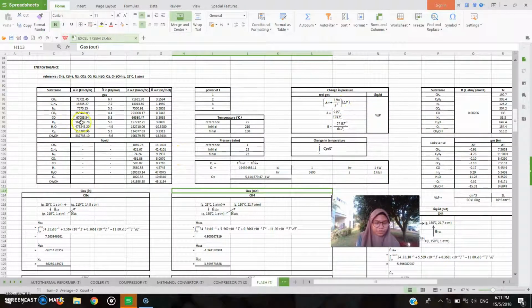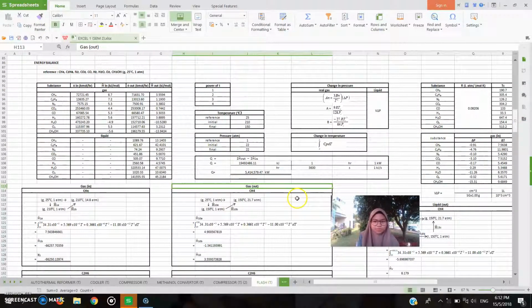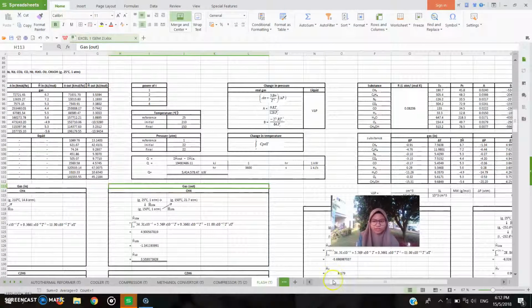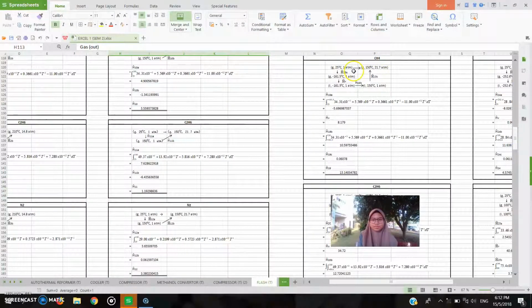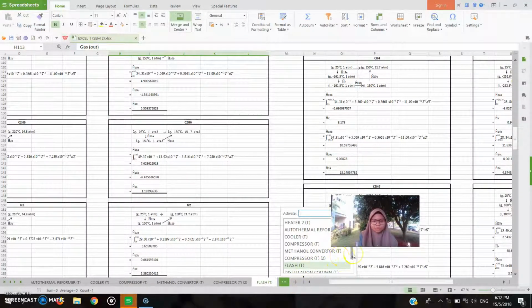After we multiply the number of moles with the enthalpy and substitute into this equation, we get 5,414,579.47 kilowatt. We also assume that the Cp for liquid is the same as the Cp for the gas.